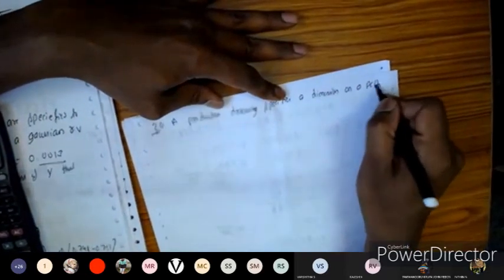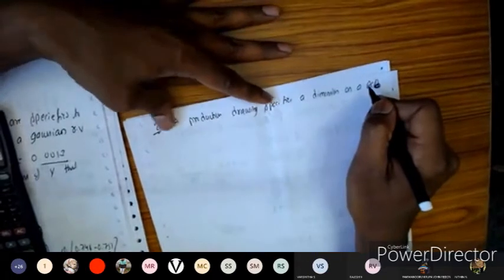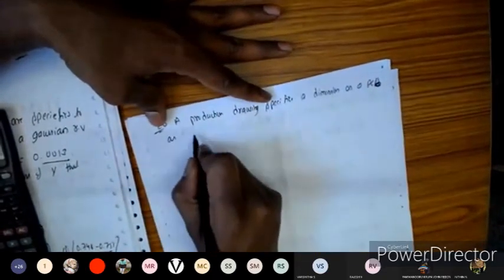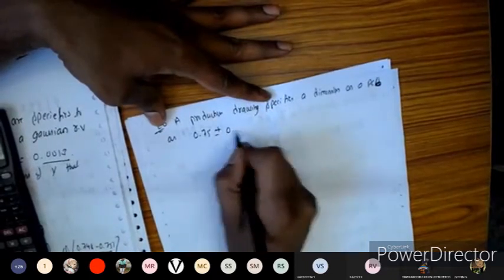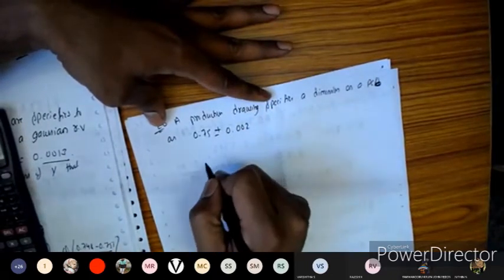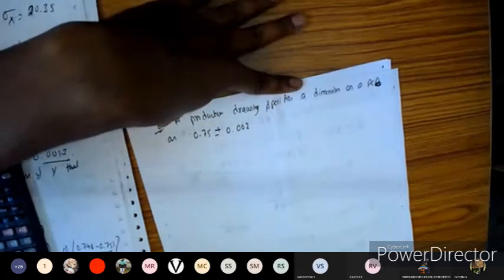PCB is nothing but the printed circuit board. PCB has 0.75 plus or minus 0.002.